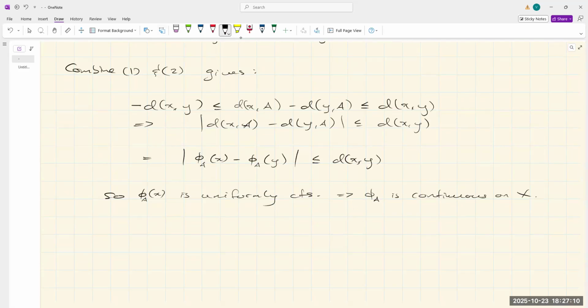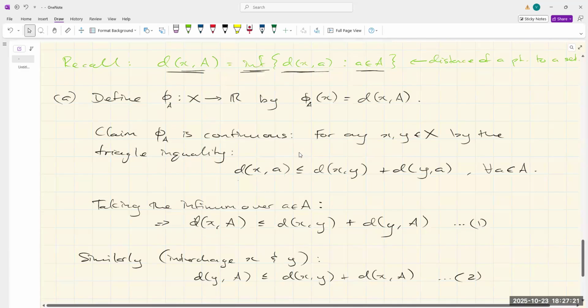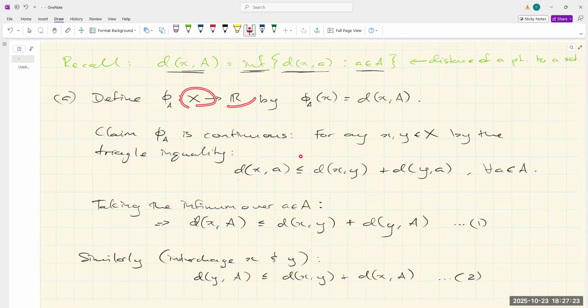Right? Because remember, how did I get that this is uniformly continuous from this line? Well, what is the metric in the codomain? So phi is mapping from X into R. The metric in X is d. The metric in R is modulus.